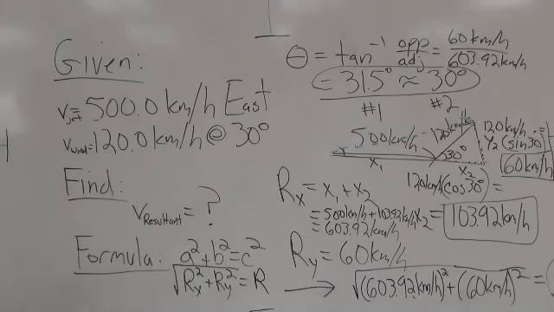Is our answer in 4 sig figs? Yes, it is. So, it will travel at 606.9 kilometers per hour at 30 degrees, and that is your final answer. So, hopefully this is starting to click. Alright, let's continue.